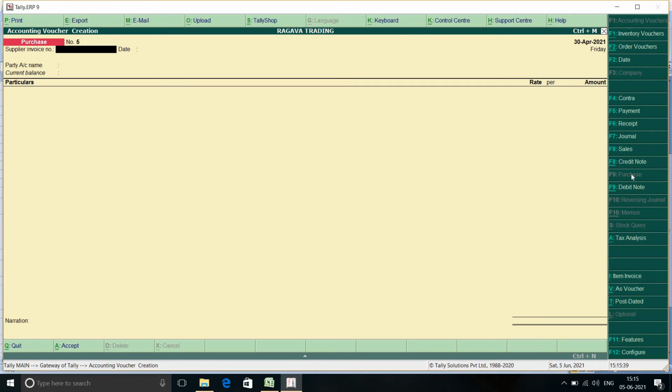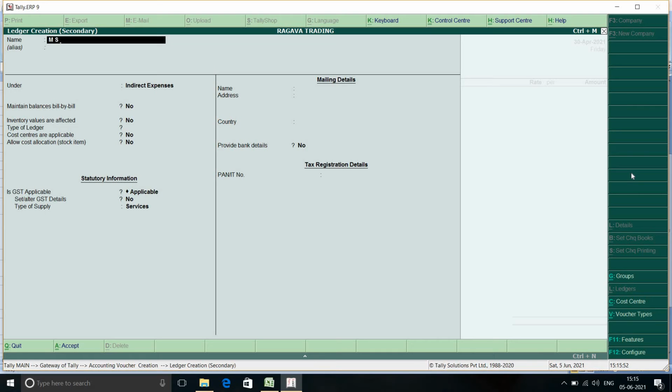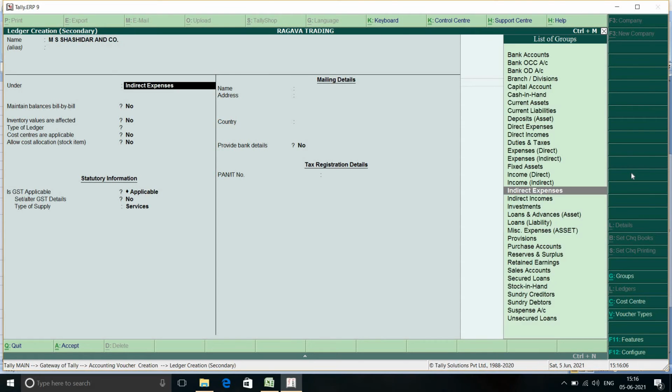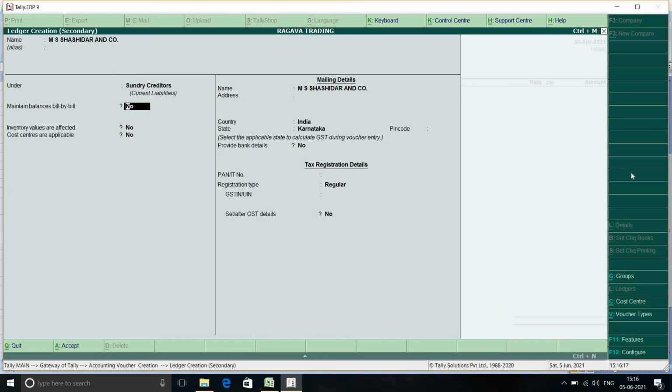Purchase bill, some audit charges. Party name: assume this is your chartered accountant or your auditor, under sundry creditors.